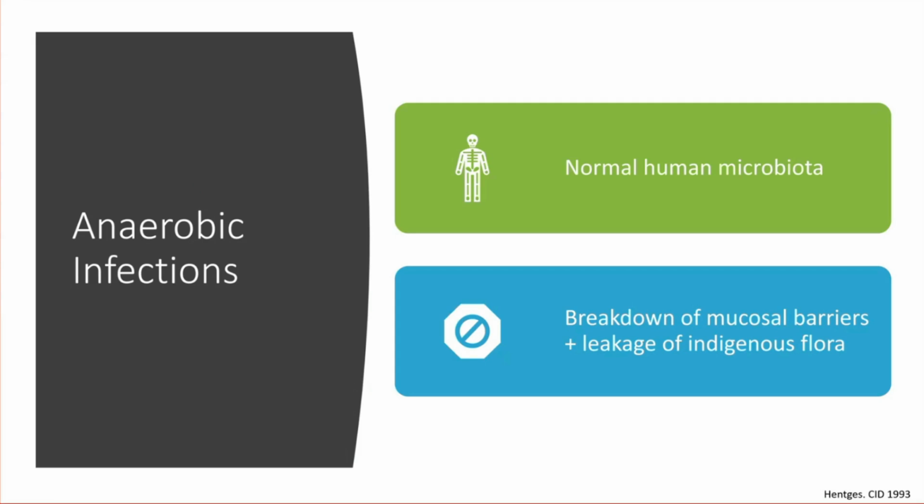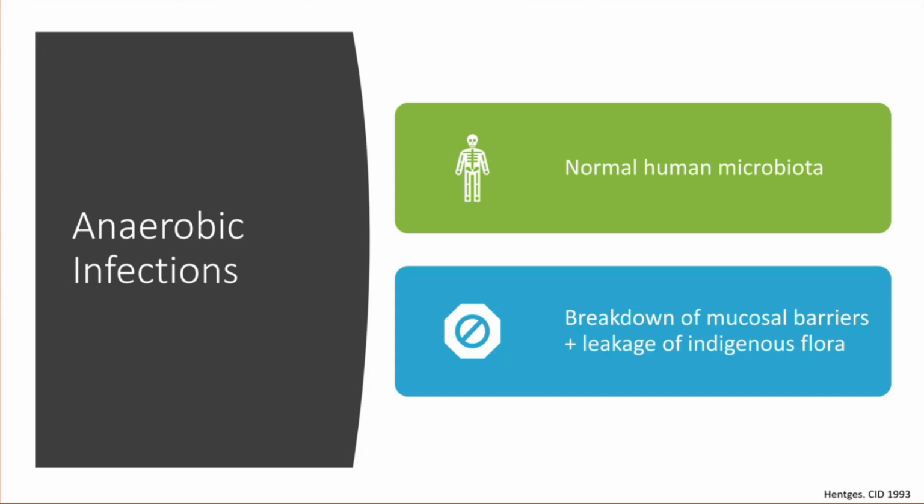But anaerobic infections: there are more anaerobes in our body than aerobes. They are part of your normal human microbiota. They mostly stay on your mucosal surfaces, so the mouth, your GI tract, and for a female, the GU tract.